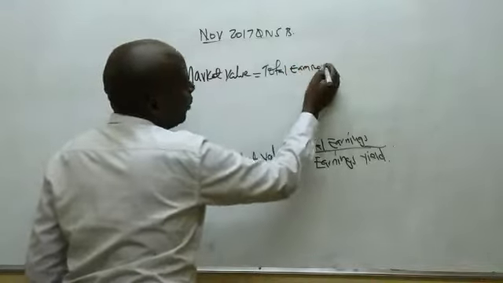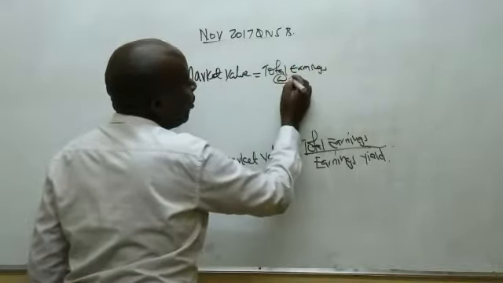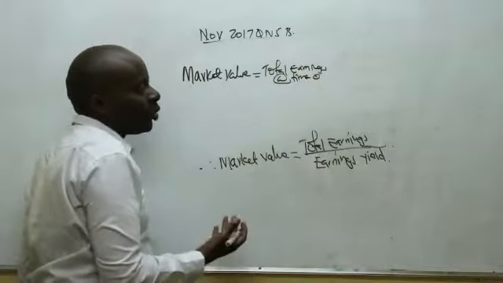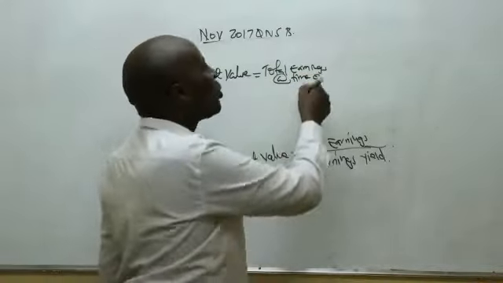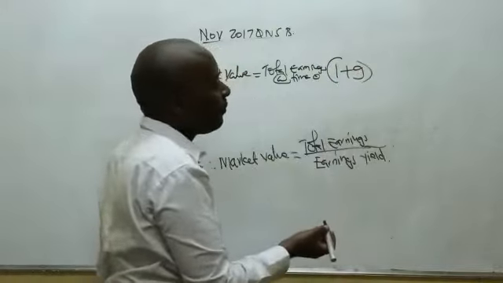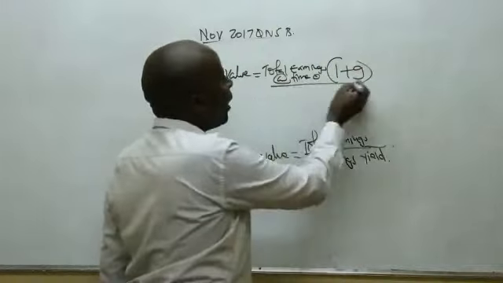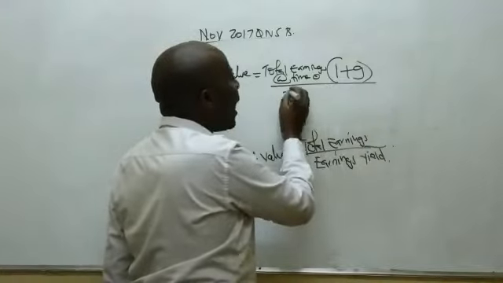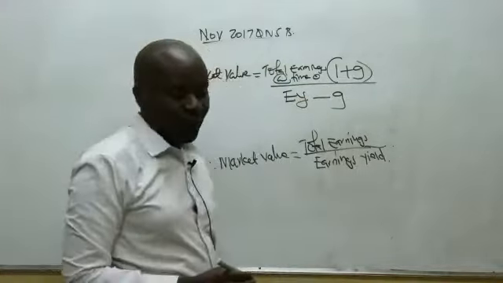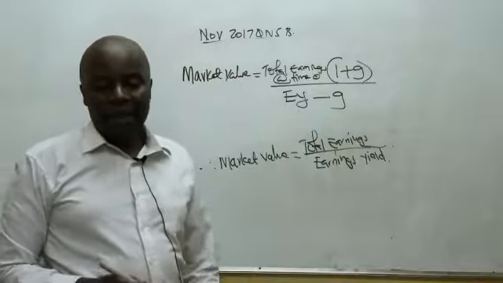We can call these total earnings at time zero, the current, multiplied by 1 plus G, all over earnings yield minus growth rate. Earnings yield minus growth rate.